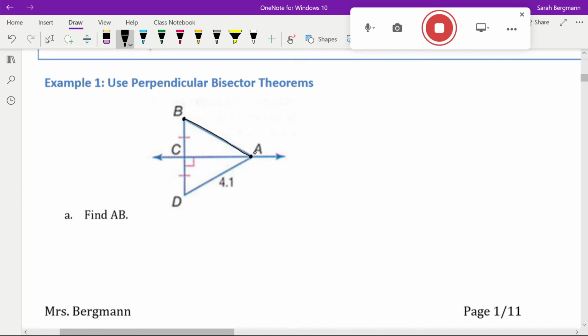Therefore, point A is on the perpendicular bisector. Remember, any point on the perpendicular bisector is equidistant from the endpoints of the segment. So A has to be the same distance from D as it is from B. Therefore, AB has to be equal to 4.1.